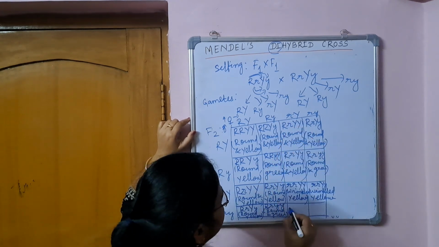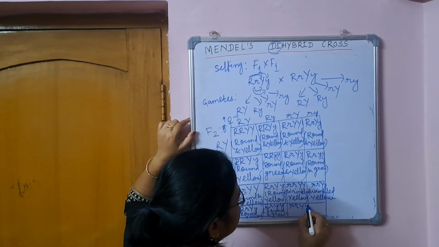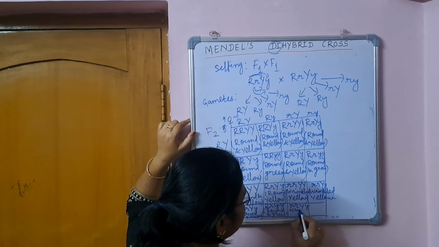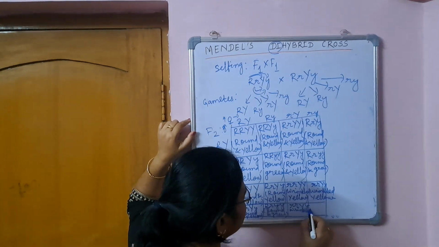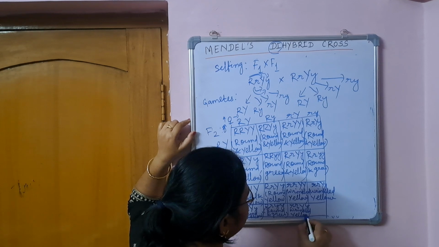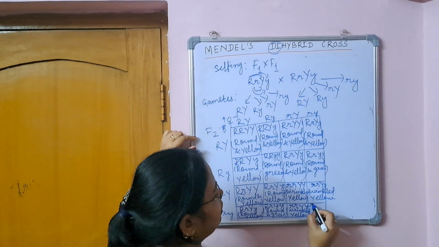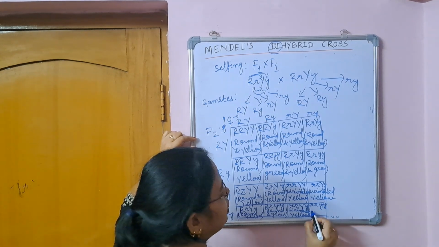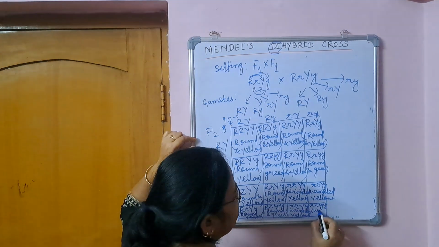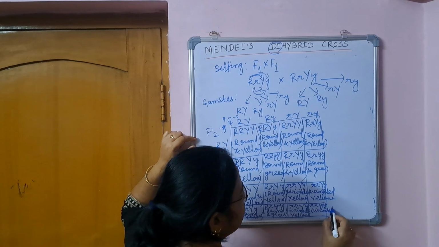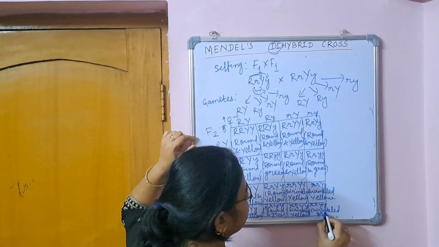Now come to the third one, small r, capital Y, small y. This will be wrinkled and yellow. Now come to the last one. It will be small r, small y, and this will be completely homozygous recessive, wrinkled and green.